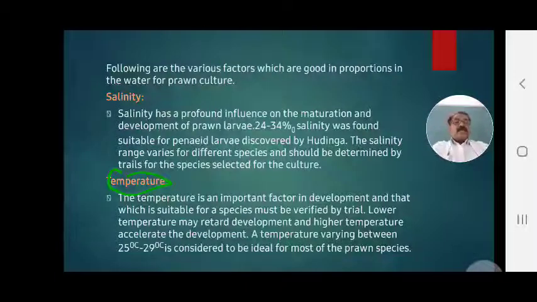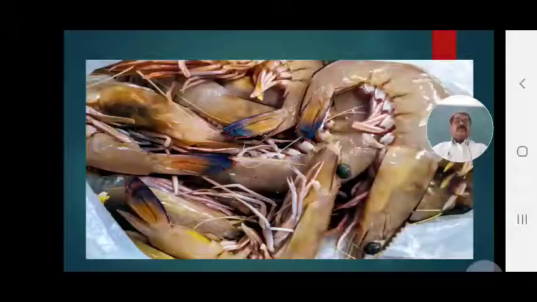These are suitable to grow the larvae in a good condition. This is another important water parameter for the culture of the prawn.